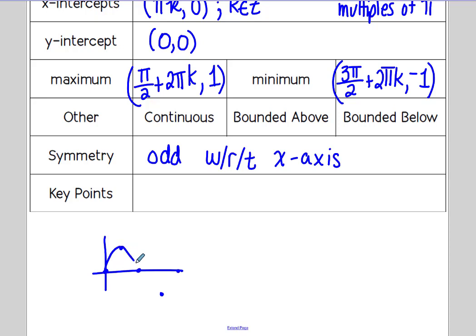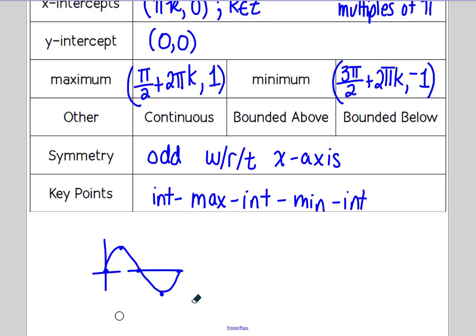So knowing the pattern, intercept, maximum, intercept, minimum, intercept, those are the 5 key points that get us one complete revolution or one complete cycle.